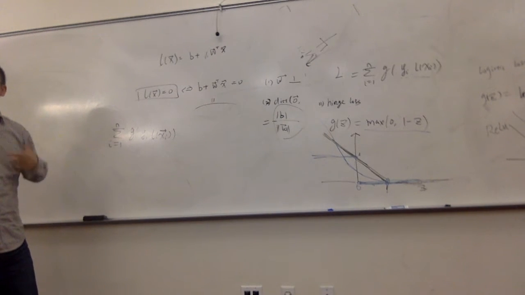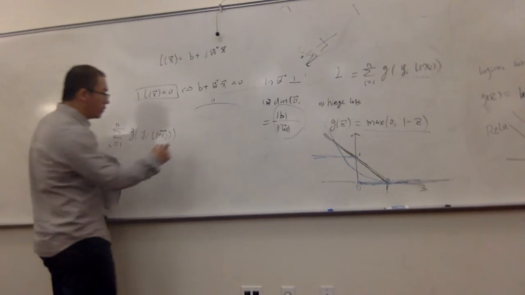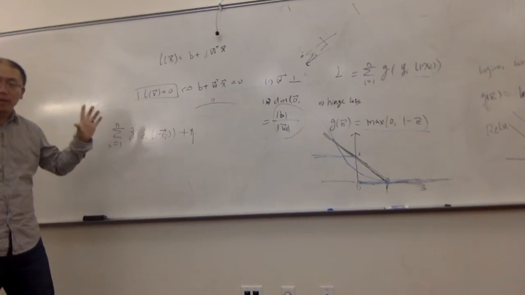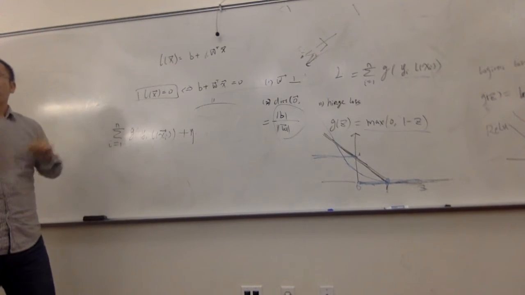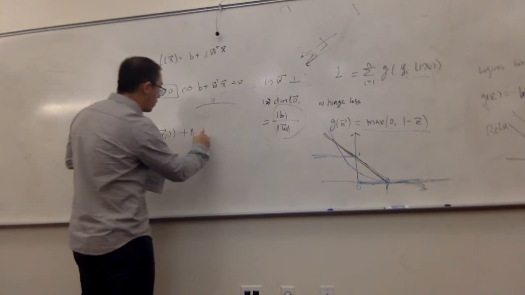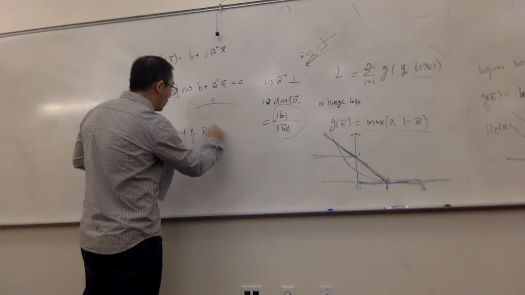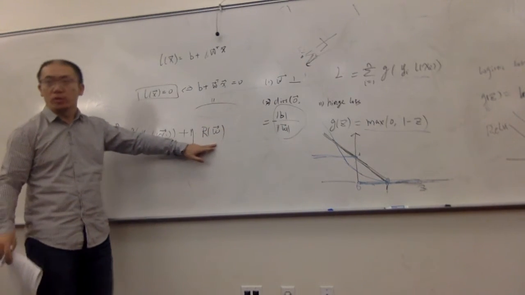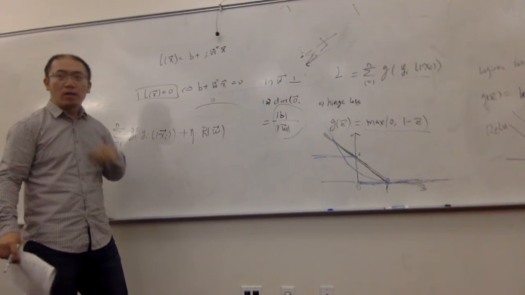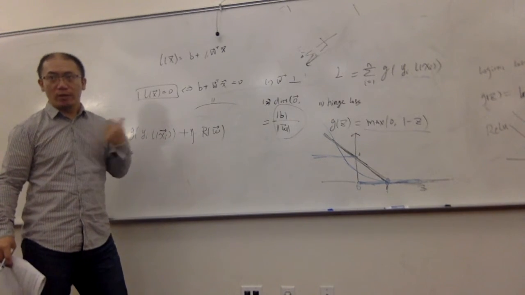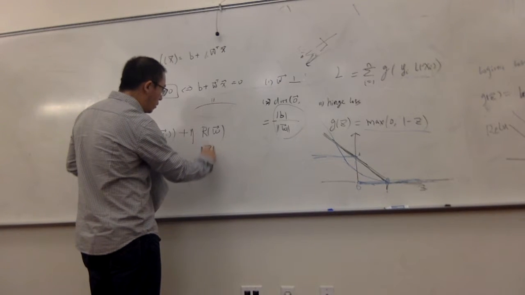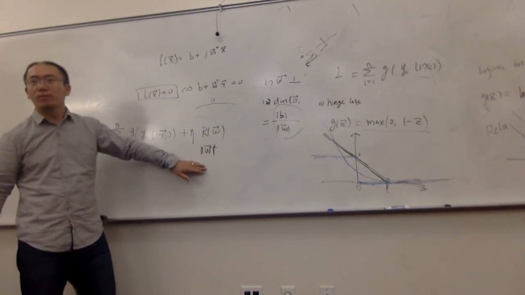This term is usually called the regularization term, and it is usually applied to the weight vector. What kind of regularization term do we often use? One most commonly used regularization term is simply the square norm of W.